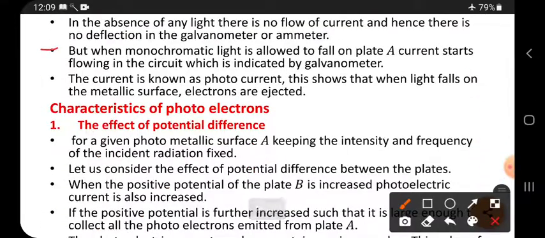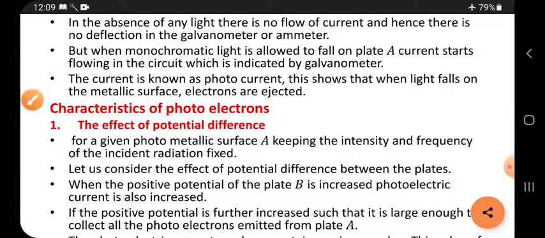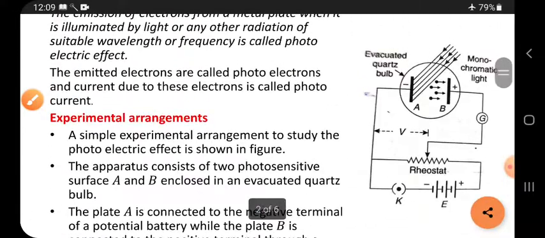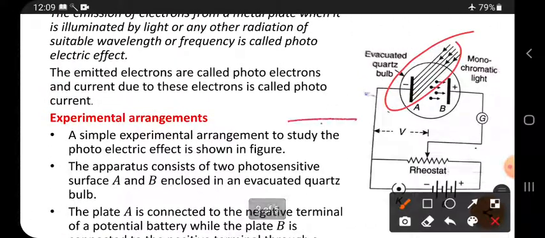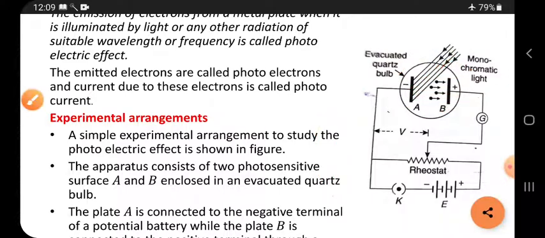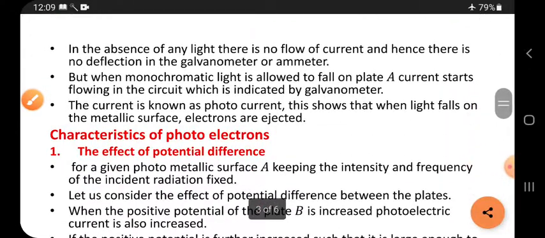But when monochromatic light, which means single wavelength light, is allowed to fall on plate A, current starts flowing in the circuit, which is indicated by the galvanometer. Then electrons start ejecting.